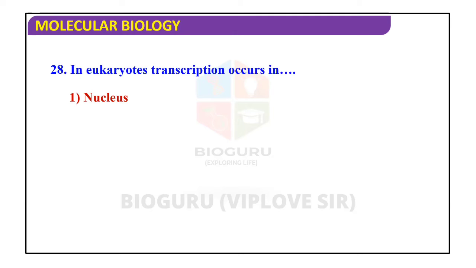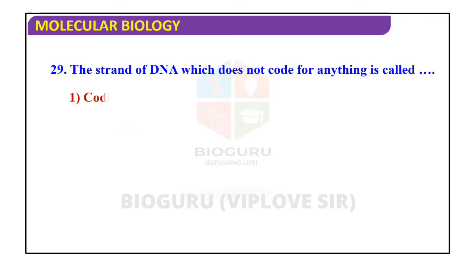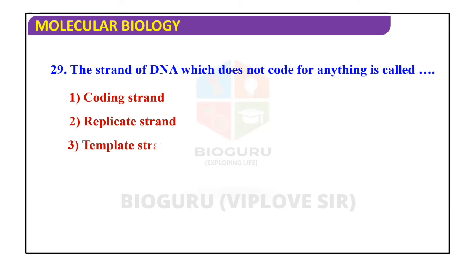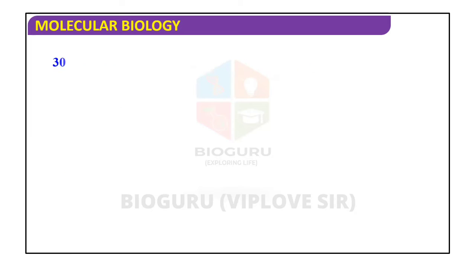In eukaryotes, transcription occurs in nucleus, cytoplasm, endoplasmic reticulum, or Golgi complex. It is nucleus. The strand of DNA which does not code for anything is called coding strand, replicate strand, template strand, or antisense strand. It is coding strand.